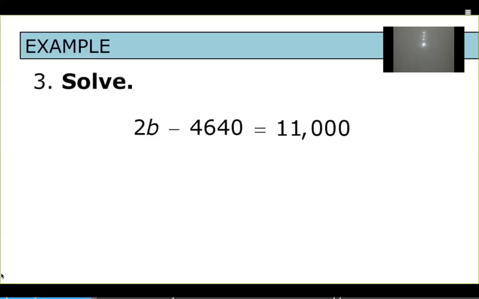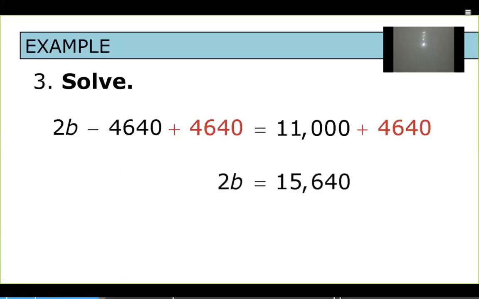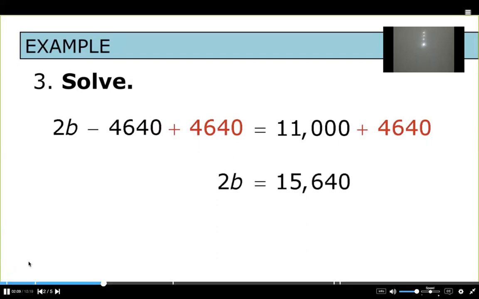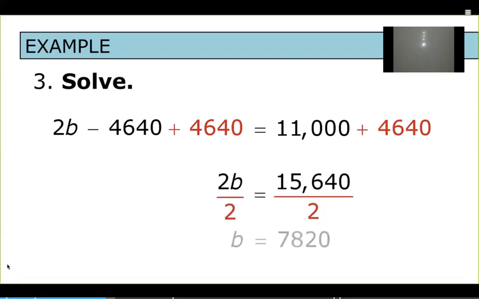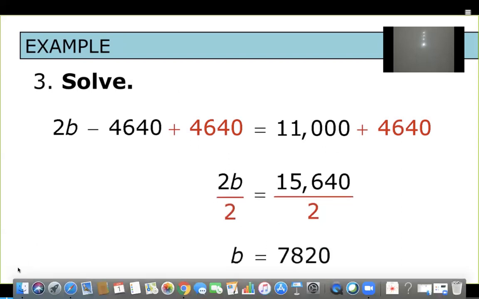Step 3, solve. We solve the equation, beginning by adding 4,640 on both sides of the equation. This gives us 2B equals 15,640. Next, divide on both sides by 2, and we have B equals 7,820.